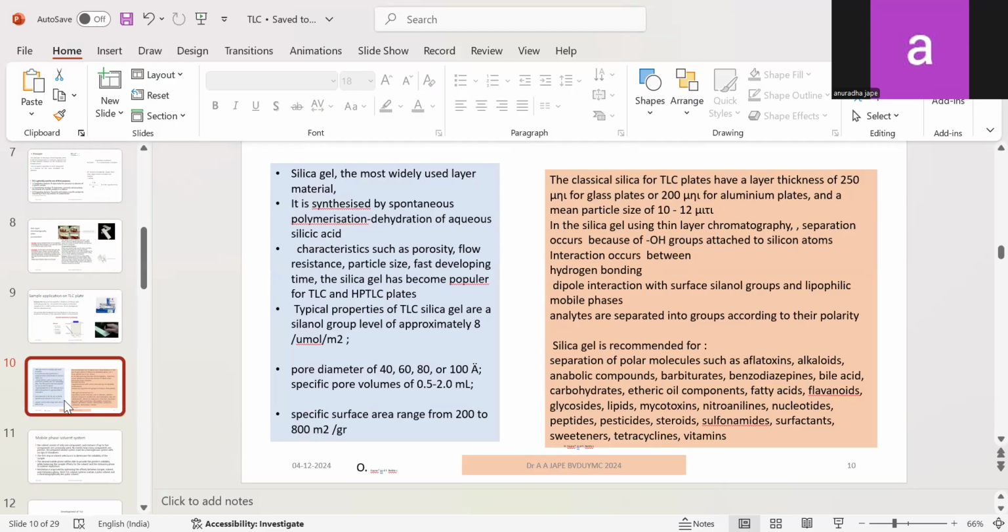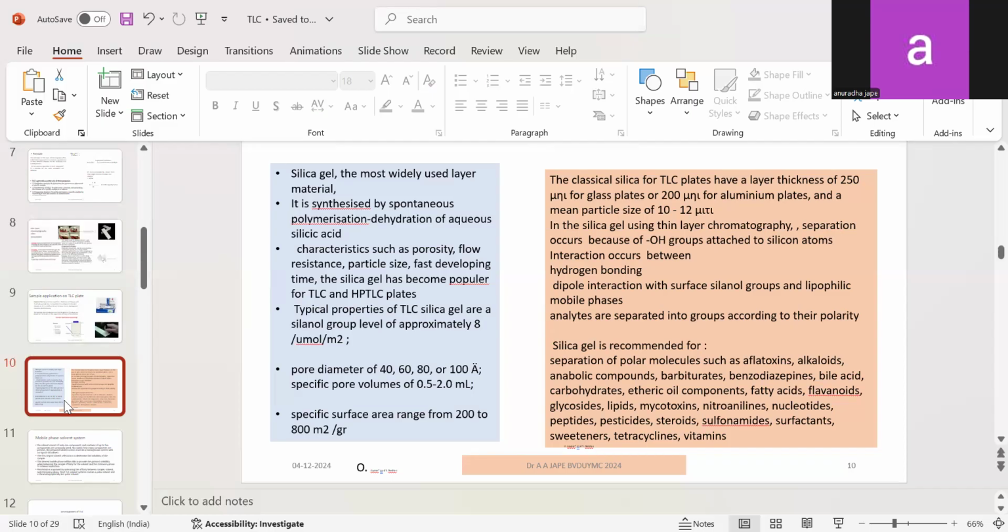The particle size of the silica gel also is going to be important, because it is going to ultimately decide the polymerization efficiency and the pore size of the gel casted or the layer casted. That ultimately will decide the development time. So, the characteristics of silica gel particle size is very important.